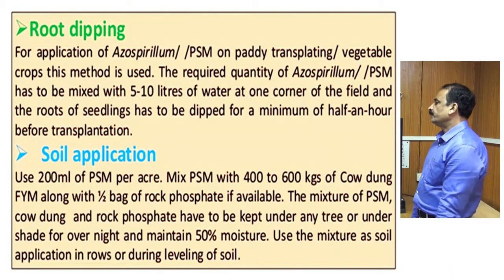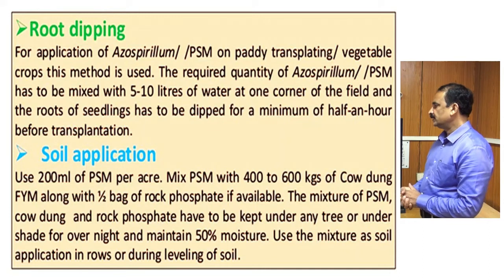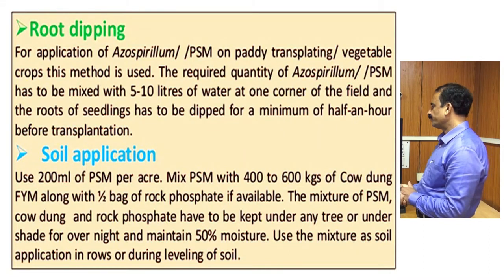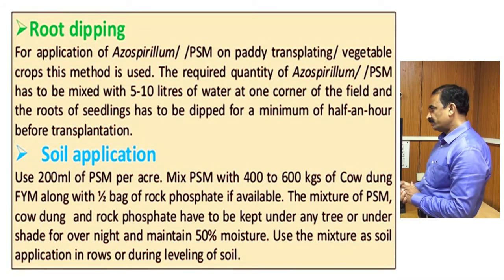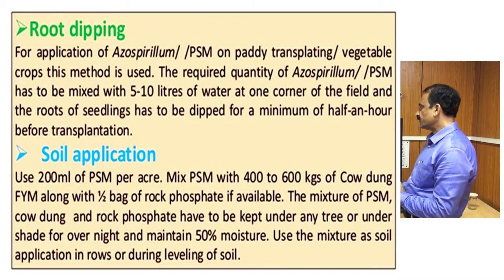Then root dipping. For the application of Azospirillum, Azotobacter, and phosphate solubilizing bacteria in upland paddy, transplanted paddy, and vegetable crops, this root dipping method may be used.